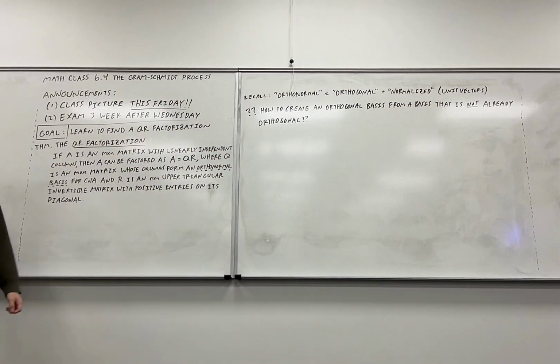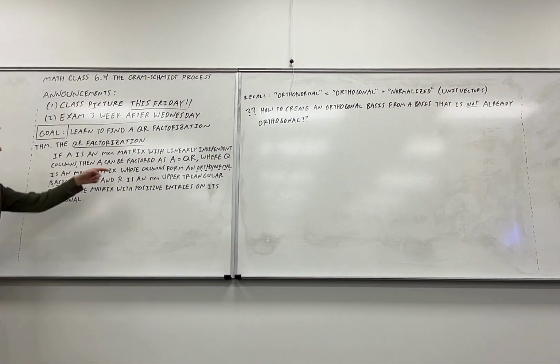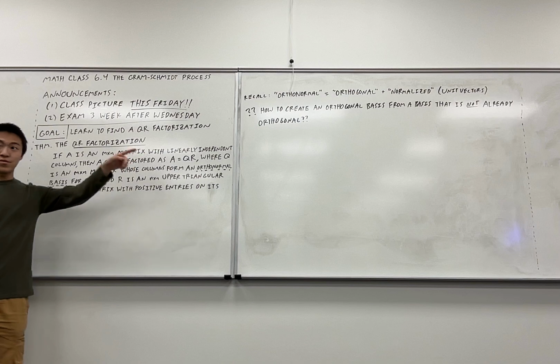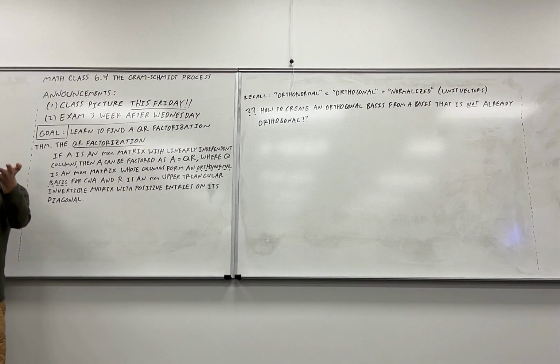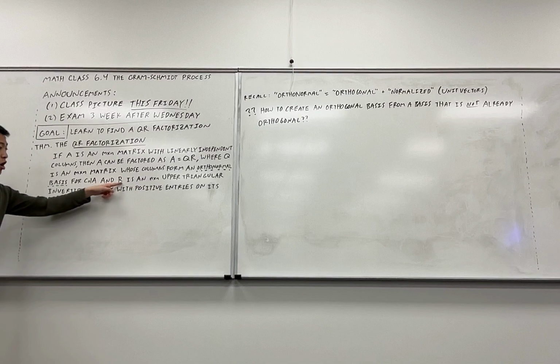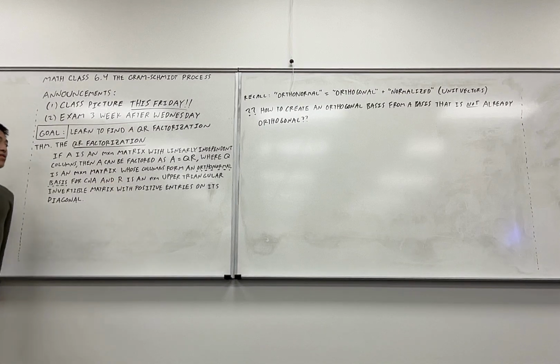And how long is a unit vector? 1. So every single column vector of my Q should have length 1. Good. For the column space, R is n by n, so we have a square matrix. It's upper triangular, it's invertible, and it has positive entries on its diagonal. We'll worry about that construction later.